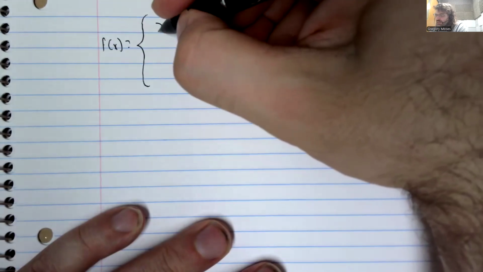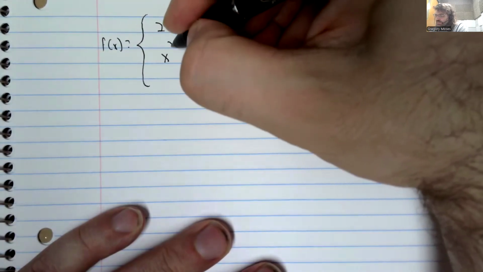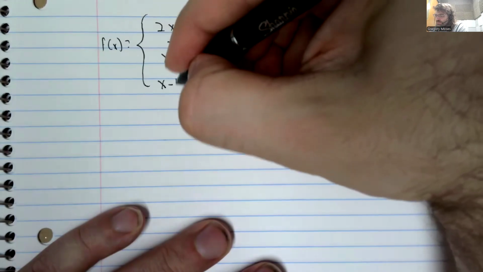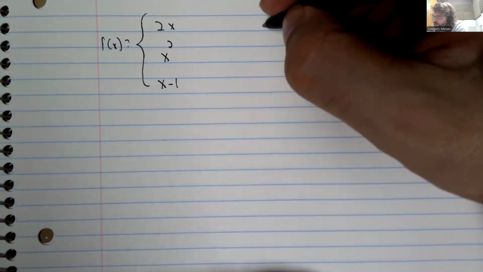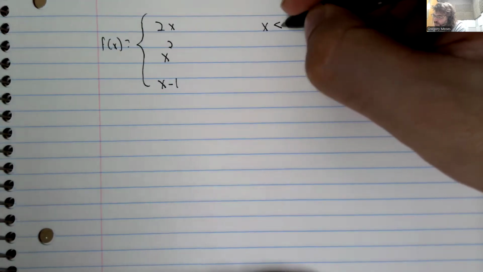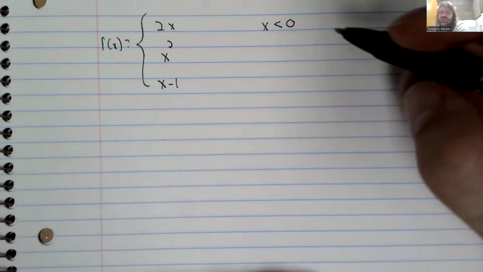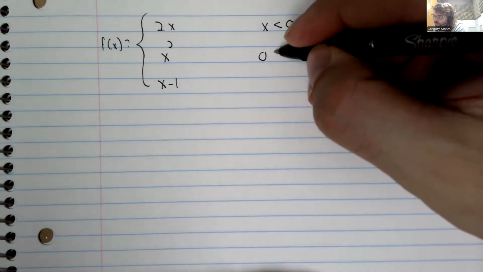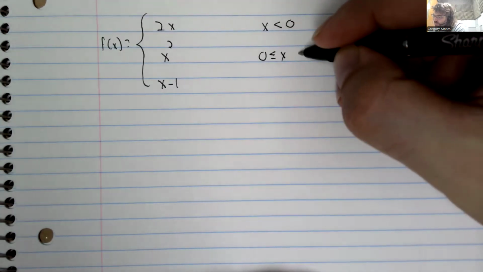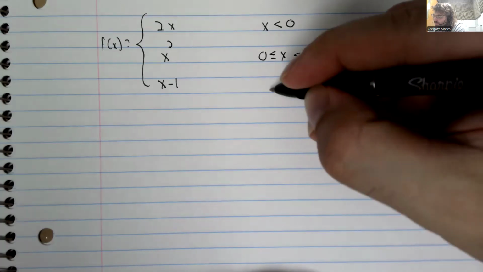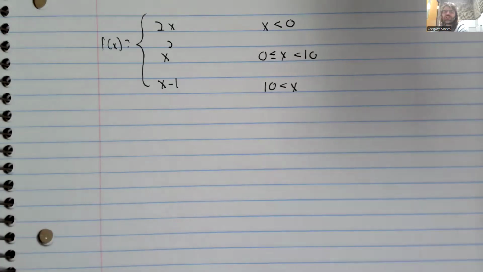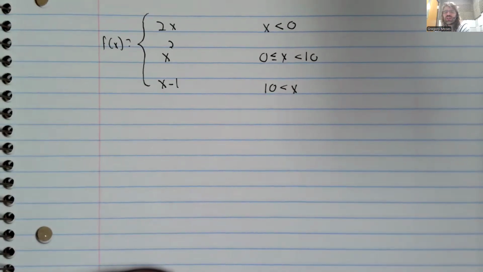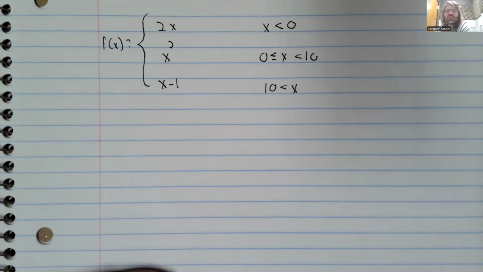You know, the exact function, I just made up off the spur of the moment, but where x is going to control which piece we use. So a little different from my two introductory examples.